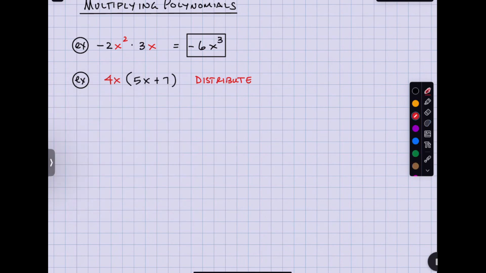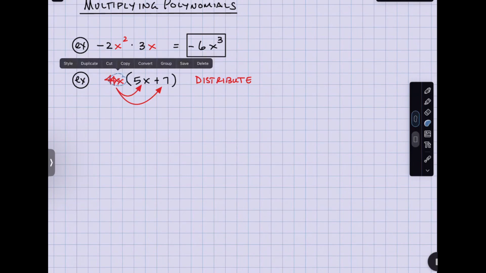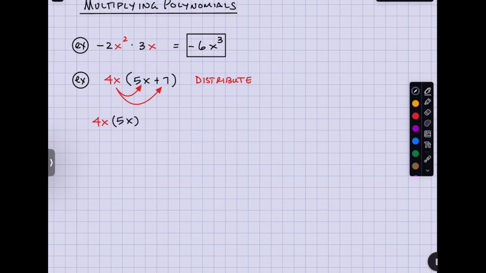So we're going to have to distribute this through. So that means I'm going to take what's in front, multiply by the first term, plus multiply by the second term.